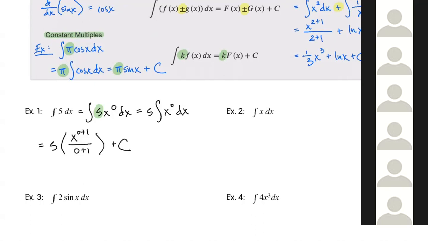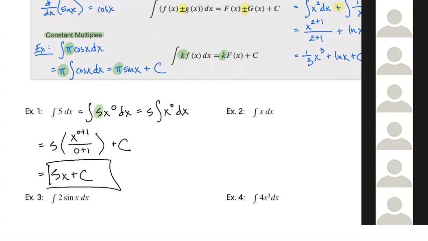Don't forget the plus c. When we clean this up a little bit, what do we get? 5x plus c, perfect. That is our antiderivative of 5, okay?